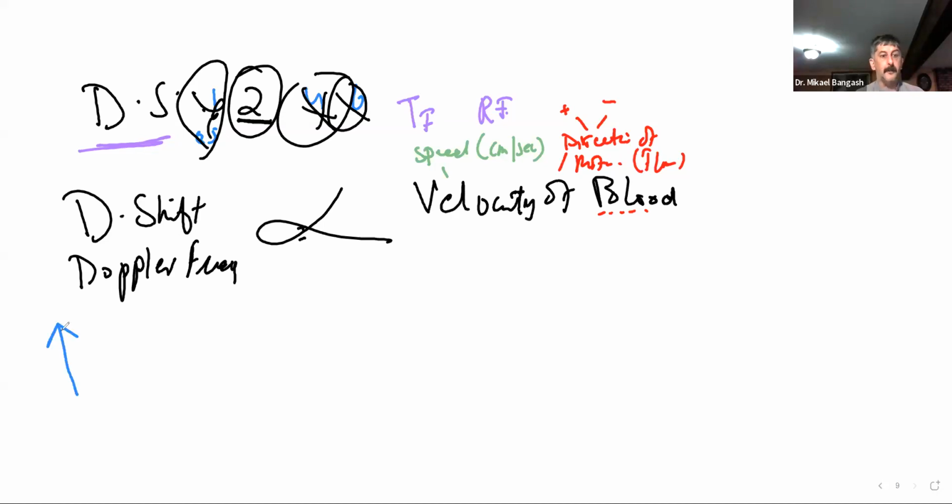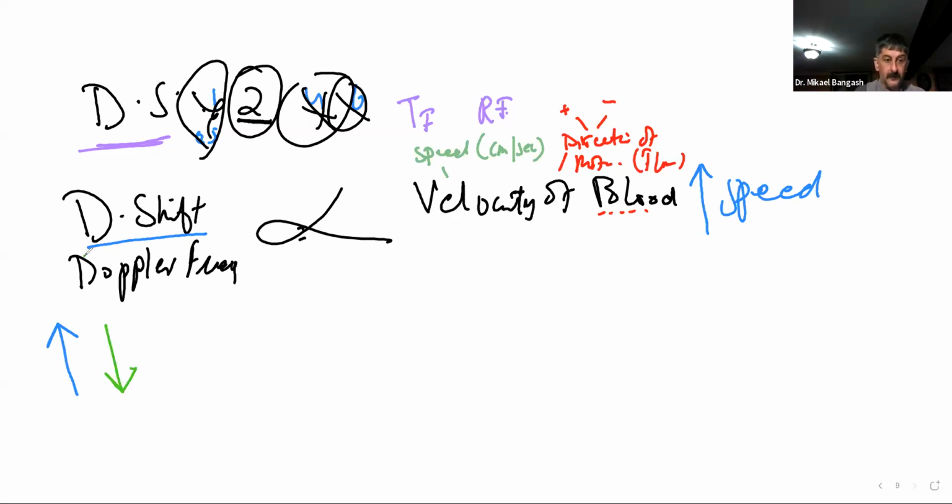What we could say is that the greater the Doppler shift mainly means the blood is flowing at a greater speed. Whereas the lower the Doppler shift, or Doppler frequency, means the blood was flowing at a lower speed.